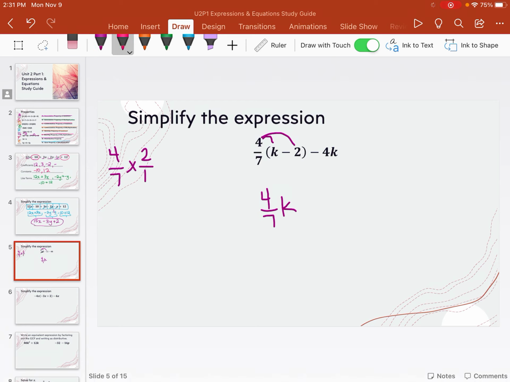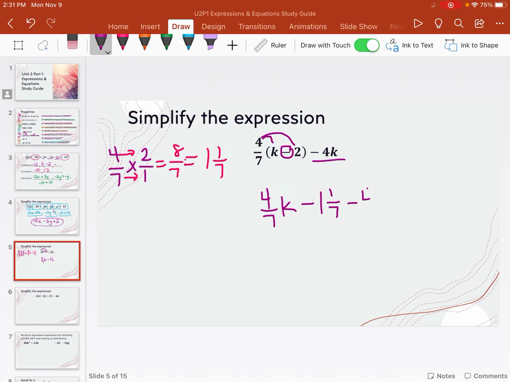Remember, multiply straight across. So 4 times 2 is 8, 7 times 1 is 7, and 8/7 is equal to 1 1/7. It was a negative here, or a minus, so minus 1 1/7. And then don't forget to bring down this minus 4k.